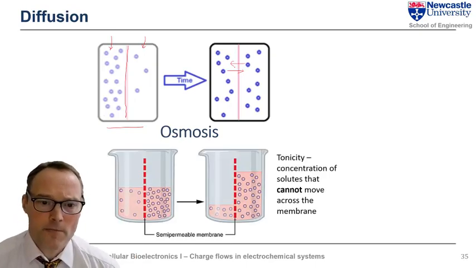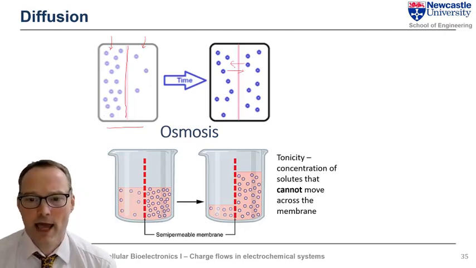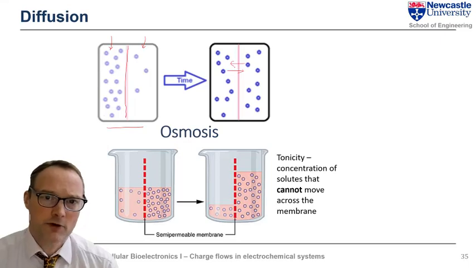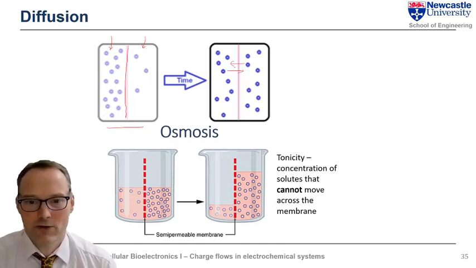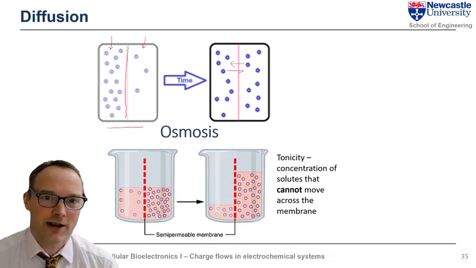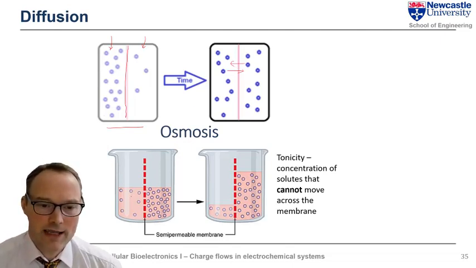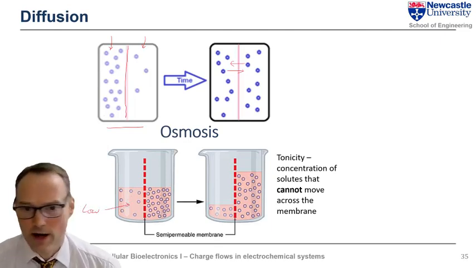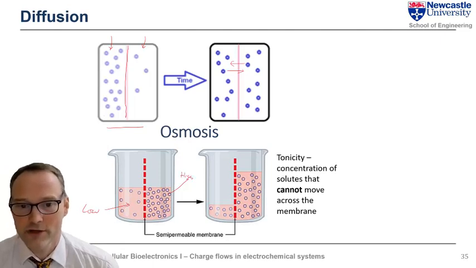Now, an interesting aspect is if you set up your system such that the water can move, but the ions, the heavy salt particles, cannot move through a membrane, then in the beginning you've got a low concentration on one side and a high concentration of salt on the other side.